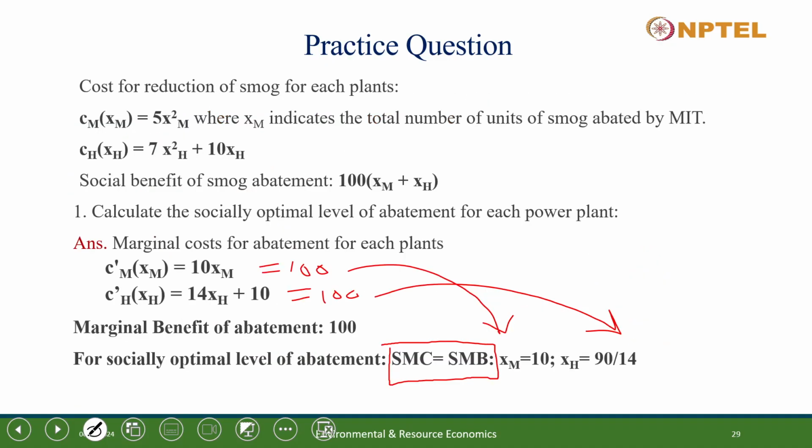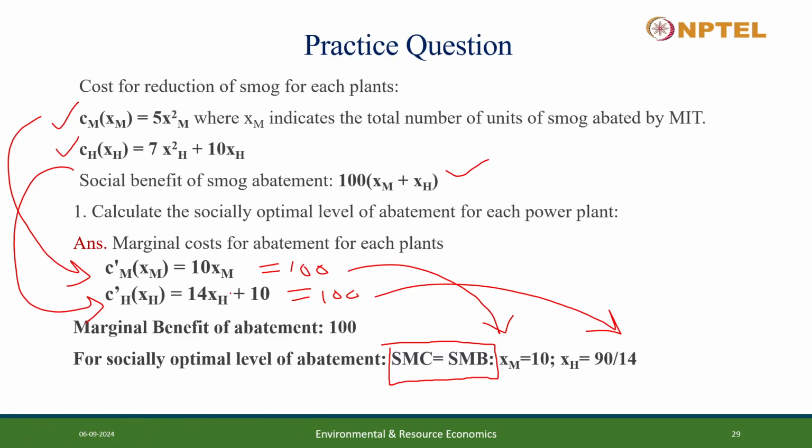We differentiate the cost with respect to xm and xh, and we equate social marginal cost and social marginal benefit, out of which we get the values of xm and xh in both cases. So if you have any question on this slide, then you can ask me in the chat.